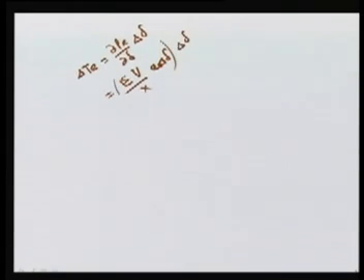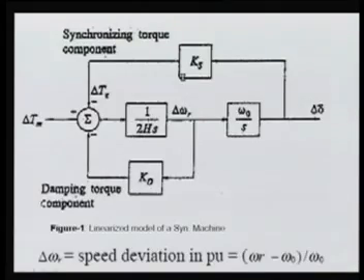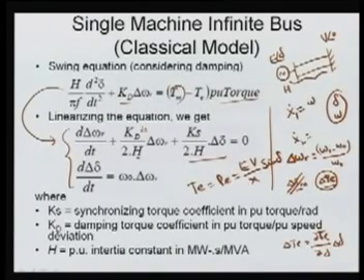This term is nothing but your Ks, and that is known as the synchronizing coefficient or synchronizing torque coefficient of this Te. So this we can write here. In this equation I have used the Ks term that is appearing, and the 2H here is coming from that side. So we can write this linear equation.